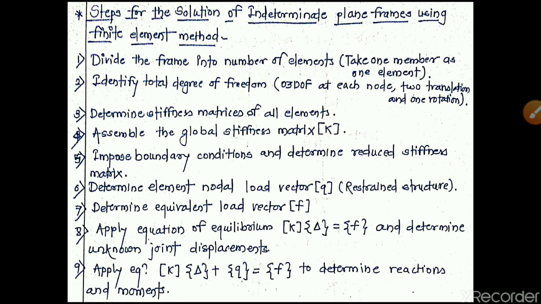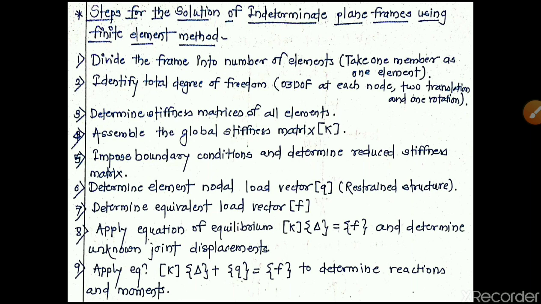Impose the boundary conditions and determine reduced stiffness matrix. After that, determine Q vector, F vector, and then apply the equation of equilibrium K delta equal to F and find unknown joint displacement. And to get reaction and moment, apply the equation K delta plus Q is equal to F. So these are the steps for the solution of plane frame.